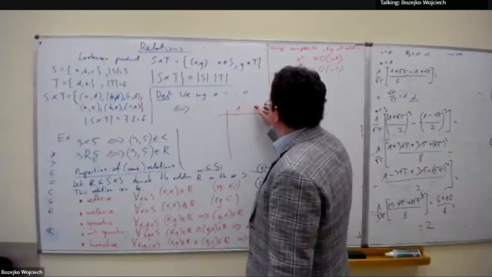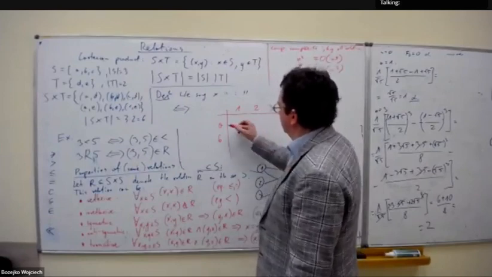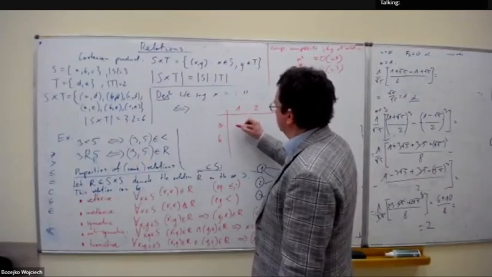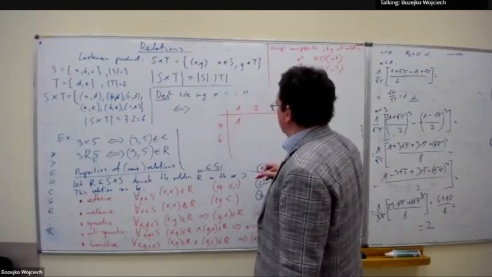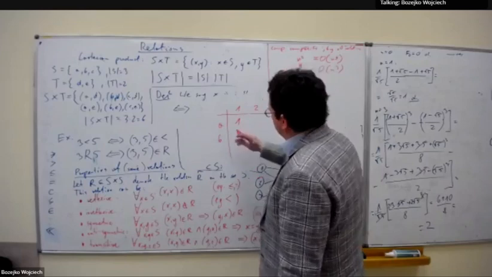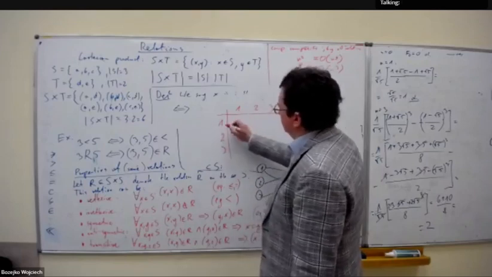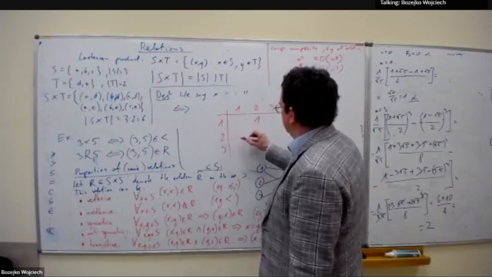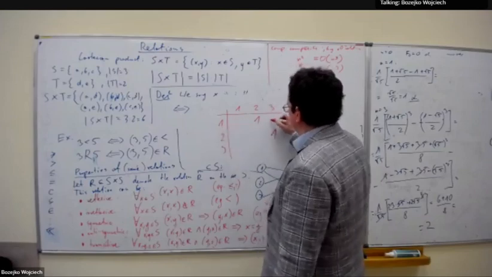We have elements 1, 2, 3 here and A, B here, and let us imagine that A is in the relation with 1. So if we have that 1 is in the relation with 2, and 2 is in the relation with 3, so we can write that 1 is in the relation with 3.